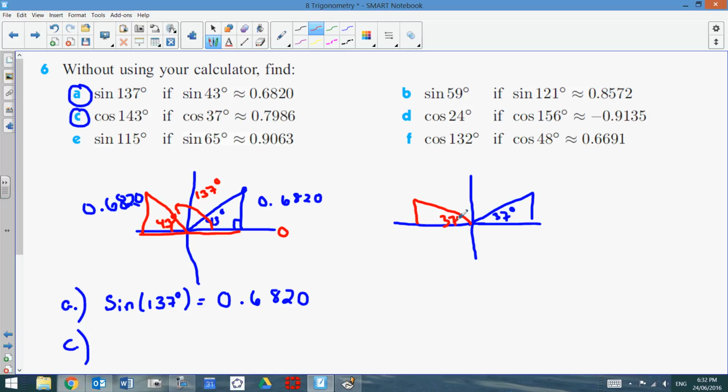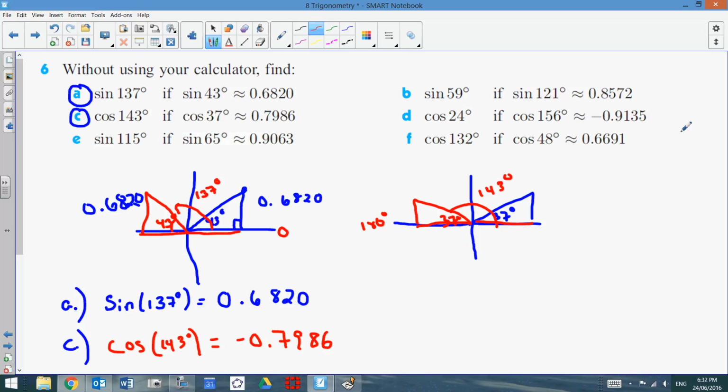So this is still going to be 37 when this angle is 143, since they add up to 180. However, my cosine value does change from quadrant 1 to quadrant 2, because this was a positive cosine value, where now I have a negative cosine value. So if I were to write down the cosine of 143 degrees, I wind up with negative 0.7986, because I've moved from quadrant 1 to quadrant 2.